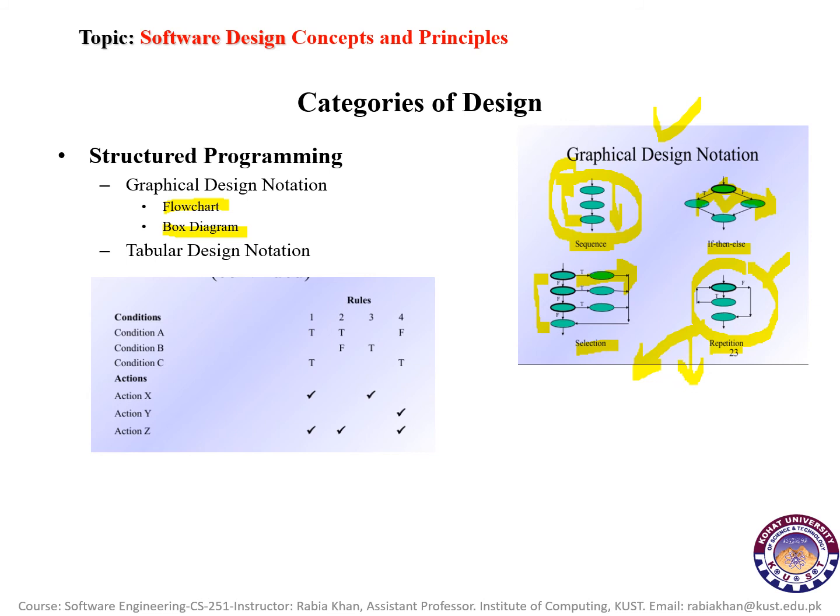The second structured programming design notation is known as the tabular design notation, in which we have to draw tables. In many software applications, a module may be required to evaluate a complex combination of conditions and select appropriate actions based on these conditions.